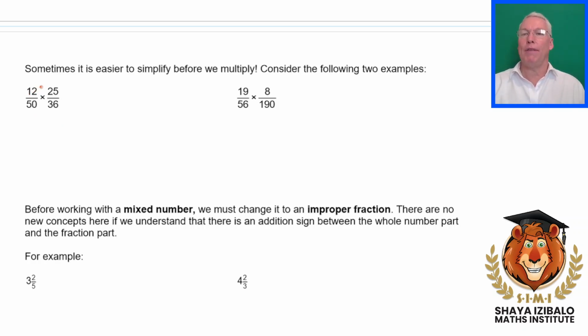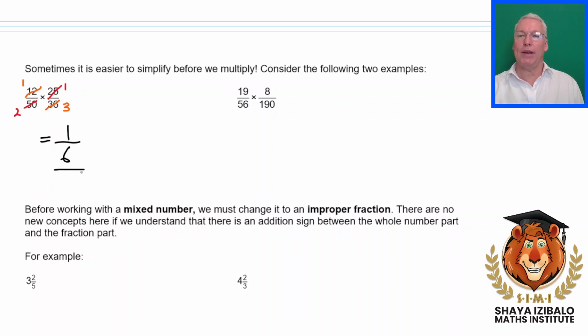We could divide the top by 12 and the bottom by 12. And likewise, we could divide the top by 25 and the bottom by 25. And now we've got 1/1 times 2/3. We've got 1/6. 1/6 is the final answer to this.